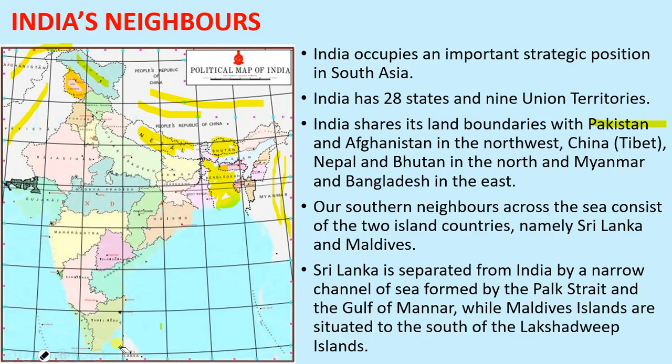So the Gulf of Mannar is here, and the Palk Strait separates India and Sri Lanka. While the Maldives Islands are situated in the south, Lakshadweep Island is there in this downside.